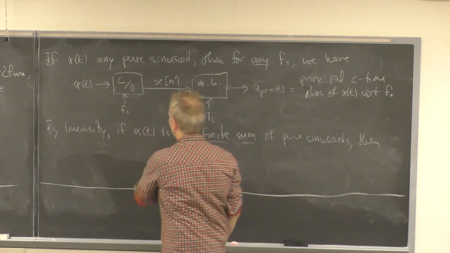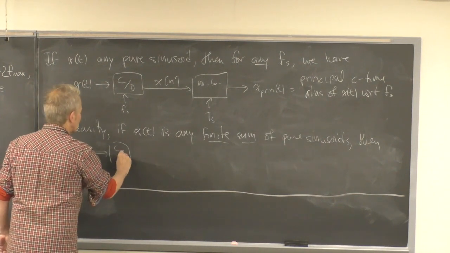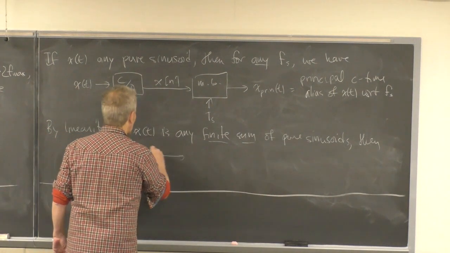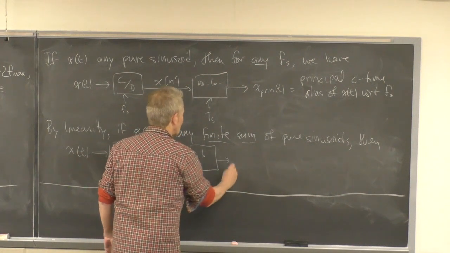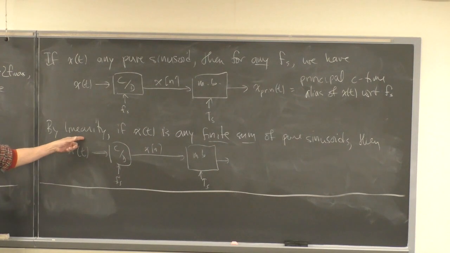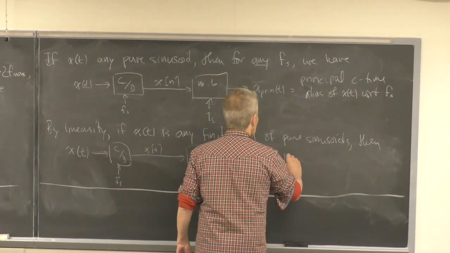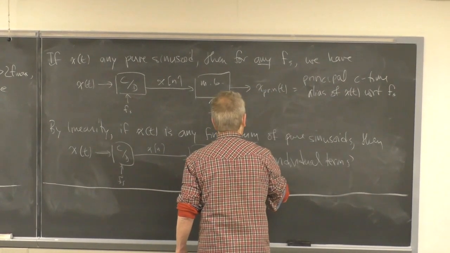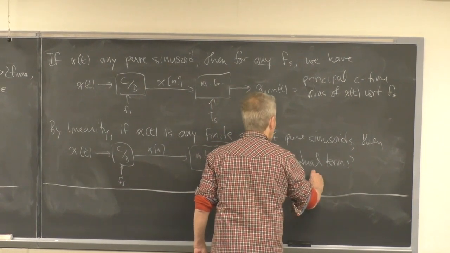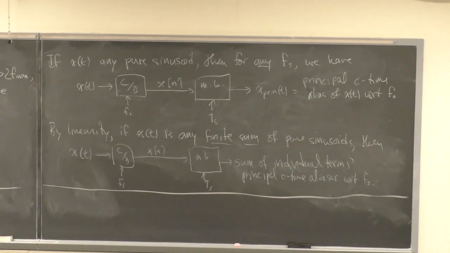If x(t) is such a sum, it goes into C to D with Ts or fs, x[n] comes out, and the magic box puts out the sum of all the principal continuous time aliases of the individual terms with respect to fs.